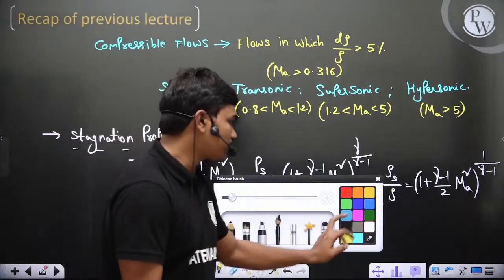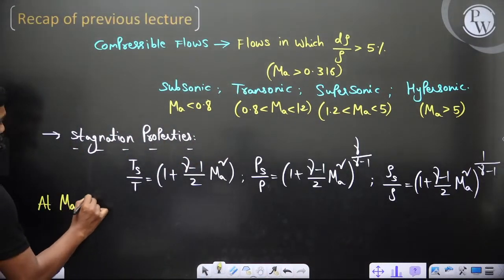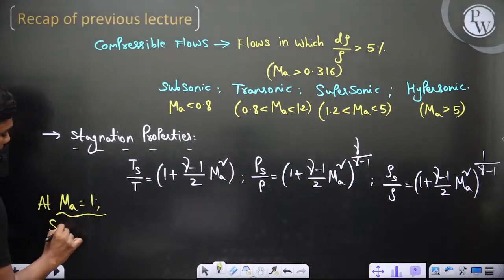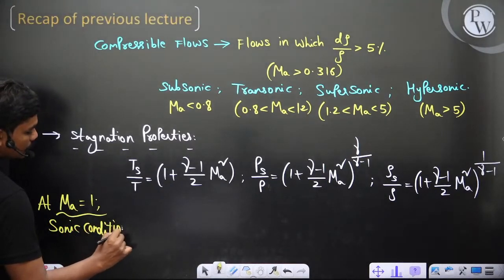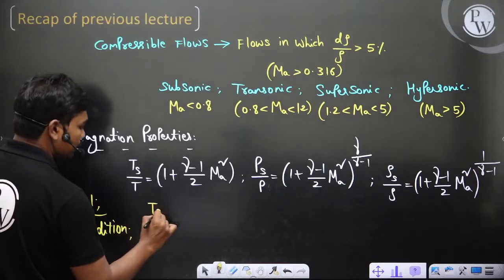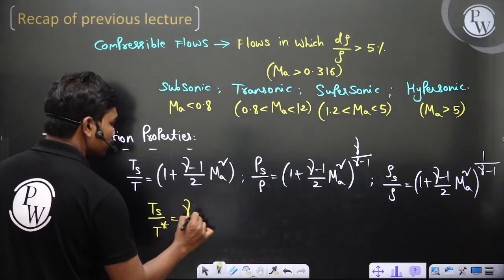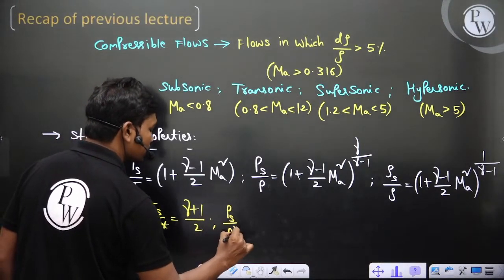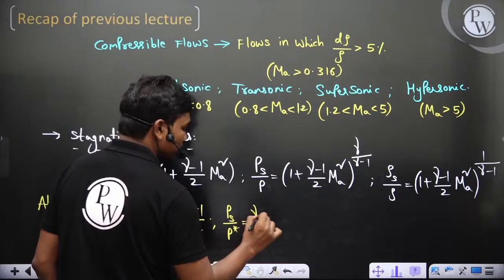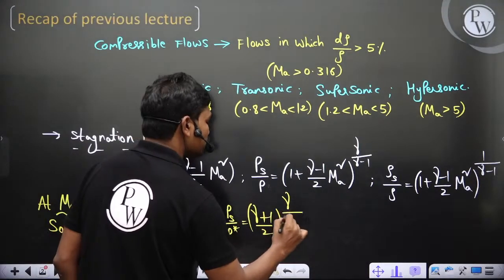At sonic conditions, where Mach number is equal to 1, Ts by T star is gamma plus 1 by 2. P stagnation by P star is gamma plus 1 by 2 whole power gamma upon gamma minus 1.